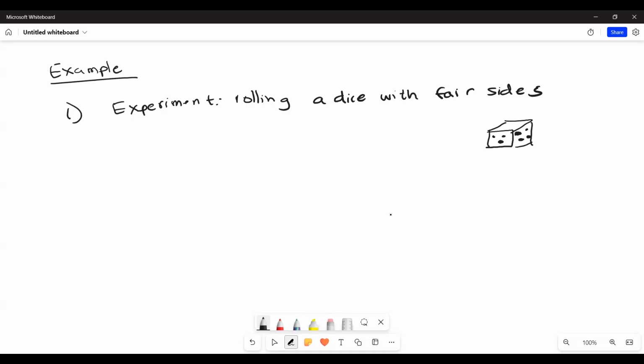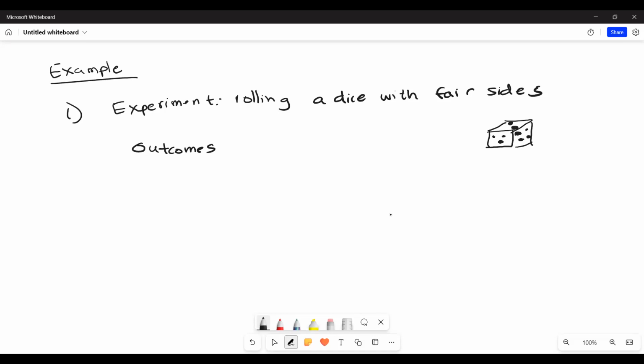However, we know that there are 6 sides to it, and the probability of getting one side is the number of times that side can be taken over the total possibilities. So anyway, we can define the outcomes of this.